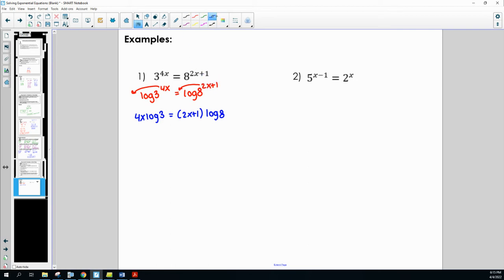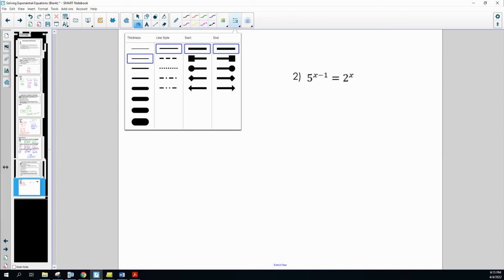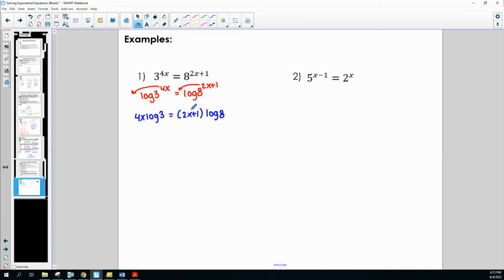So what we're going to do is take the 2x and the 1 and distribute it to the log 8. So what's going to happen is the 4x log 3 stays the same on the left. This is going to become 2x log 8 plus 1 log 8. Okay, so I'm distributing what was in front.